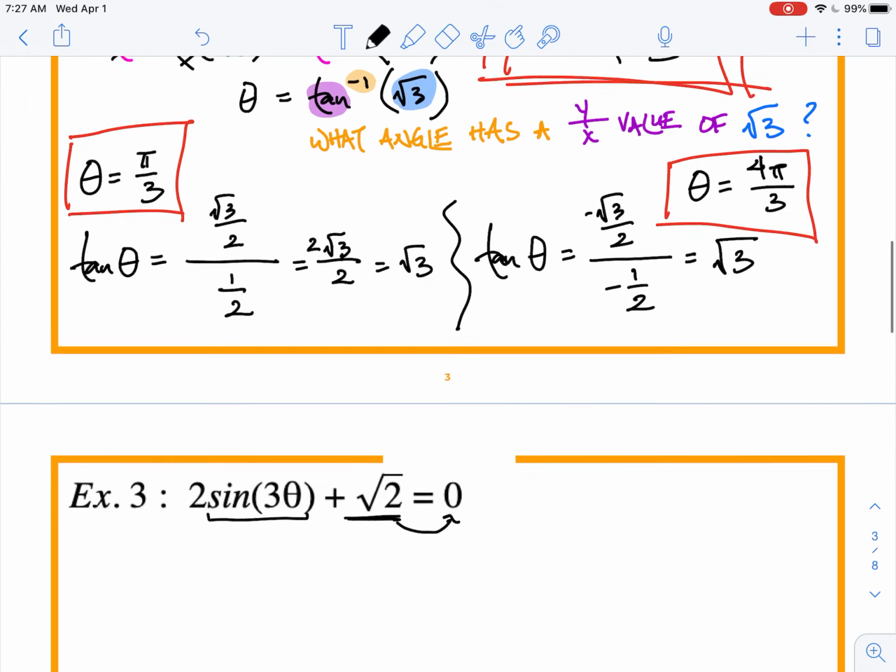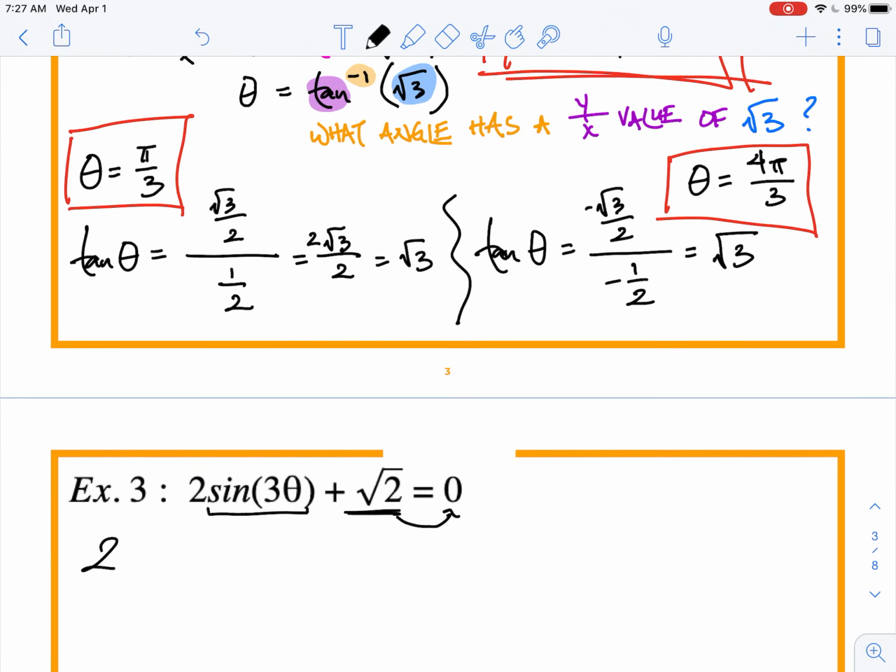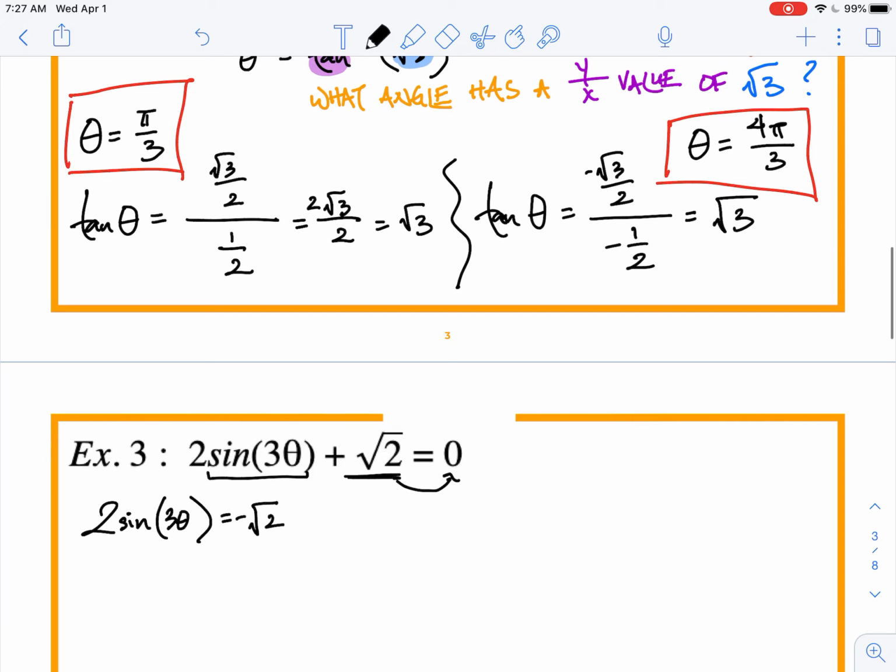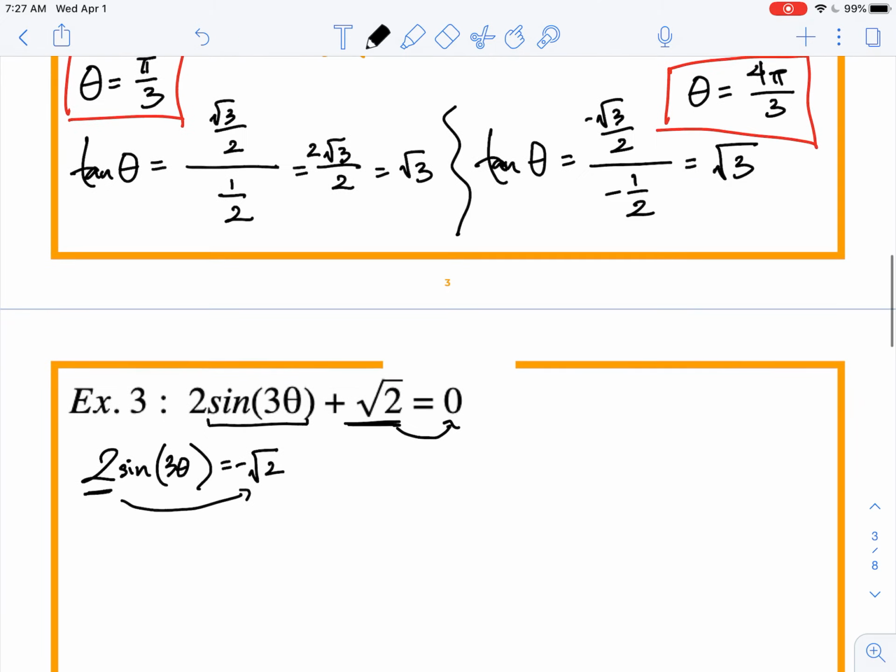And I'm going to go ahead and take this term, I'm going to subtract it to that side. And so I'll get 2 sine of 3 theta equals negative root 2. And then I'm going to go ahead and take this 2 and I'm going to divide it over. And so I'll get sine of 3 theta equals negative root 2 over 2.